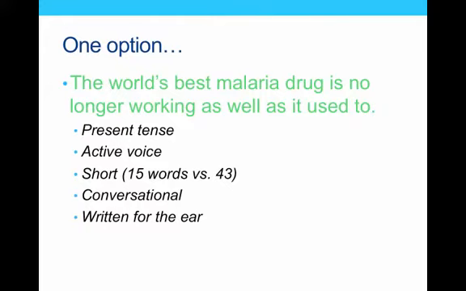The New York Times lead was 43 words long. This one is 15. Much more conversational instead of efficacy. I'm just saying that it's not working as well. Written for the ear. You should be able to understand this just by listening one time.